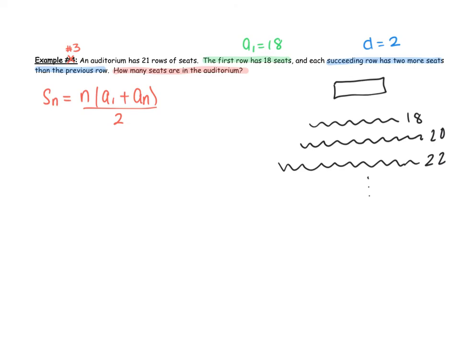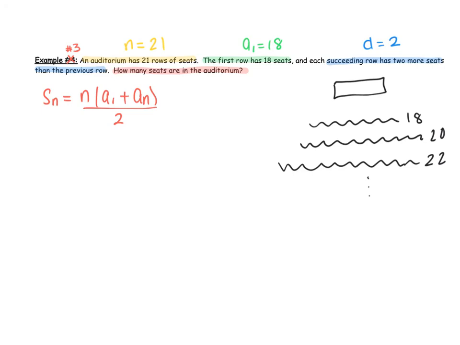So they tell you that the auditorium has 21 rows of seats. So row 1, row 2, row 3, that is your n. So this tells you that there are 21 rows.